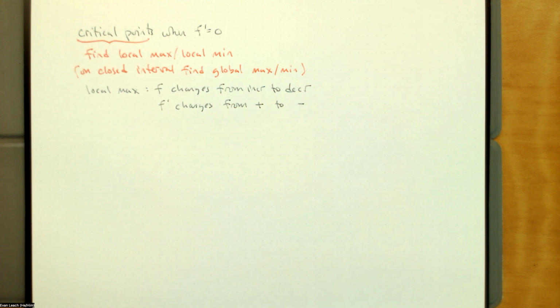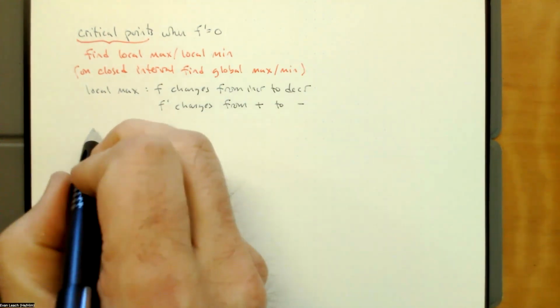Since the sign of the derivative tells you about the direction of the function, if I want to find where the function changes from increasing to decreasing, I want to look for where the derivative changes from positive to negative. Then the other way around for a local minimum.